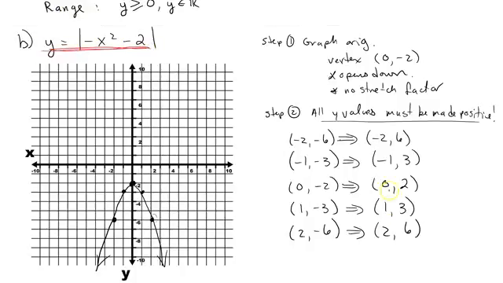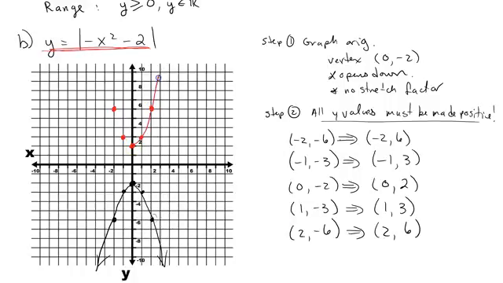So I'm going to plot these points here. I have -2, 6. I have -1, 3. I have 0, 2. I have 1, 3. And I have 2, 6.